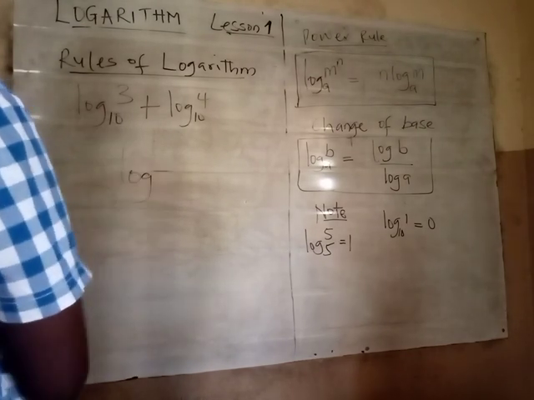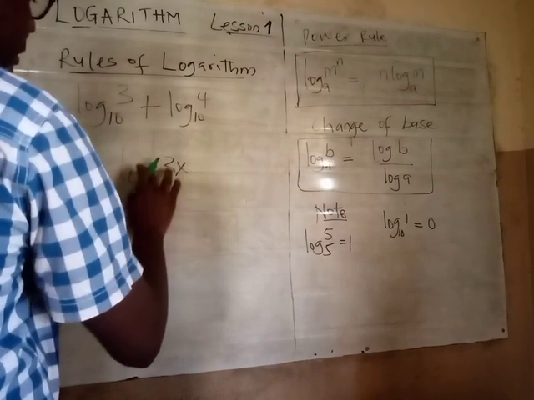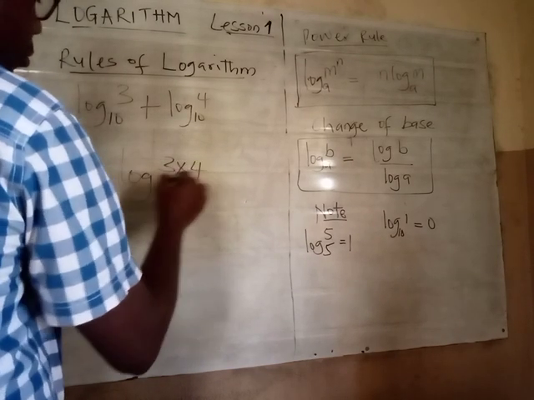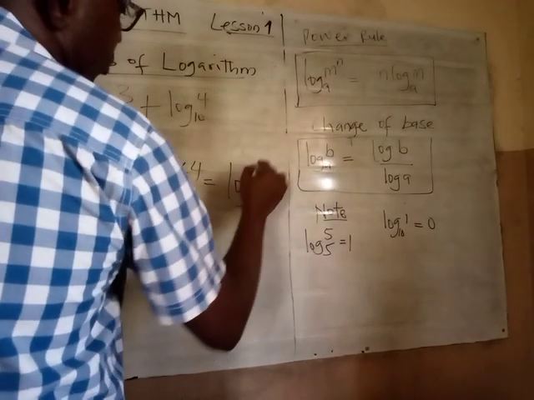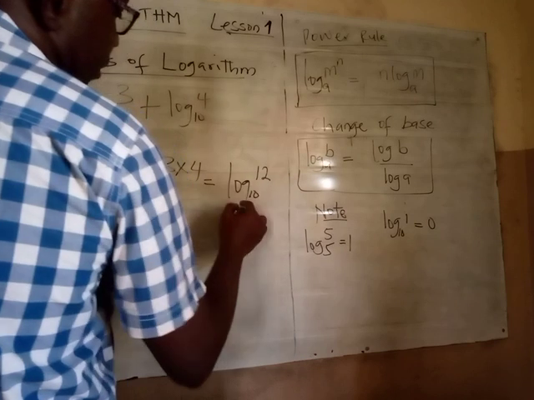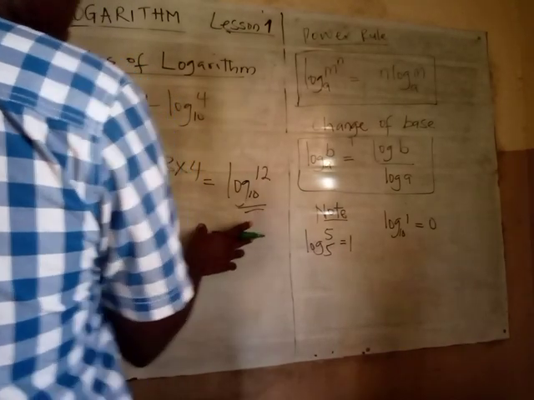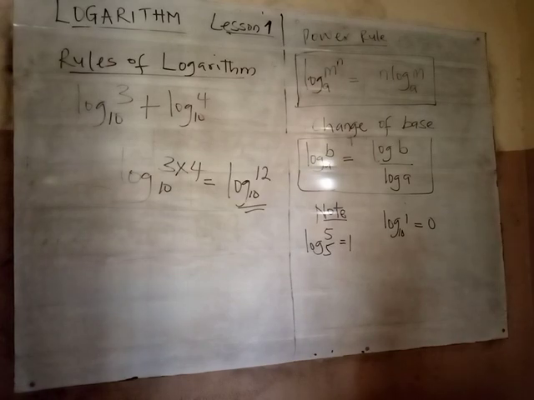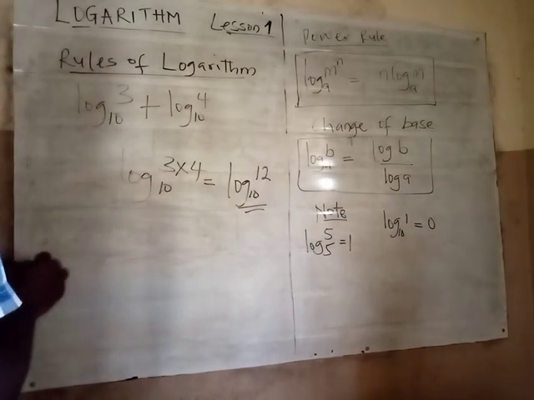It will become log 3 times 4 all base 10, which will give you log 12 base 10. So this is the answer. This is an example of the product rule.